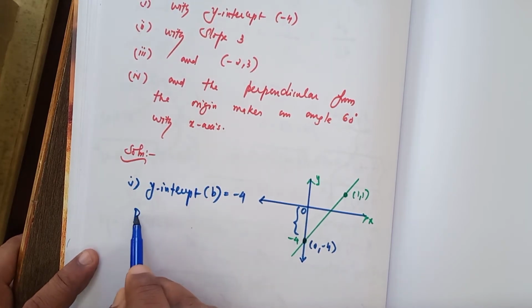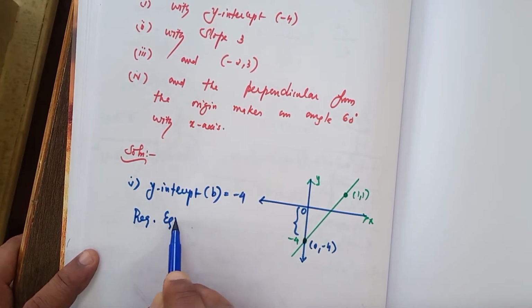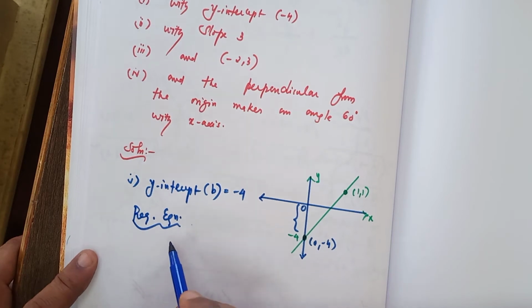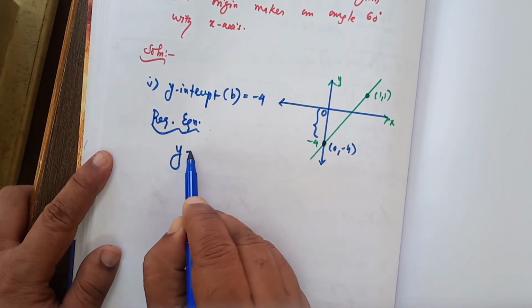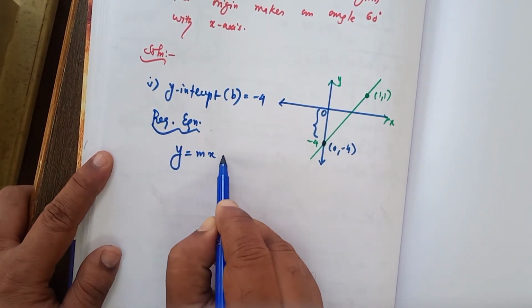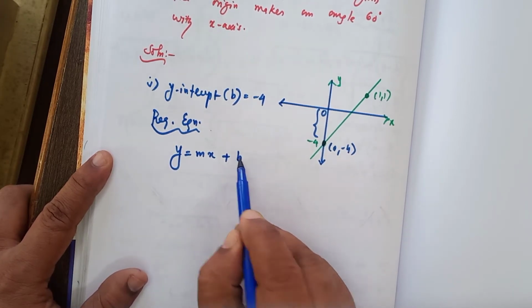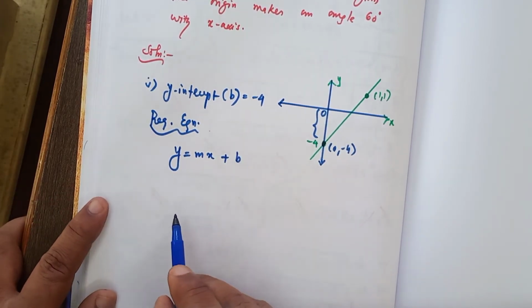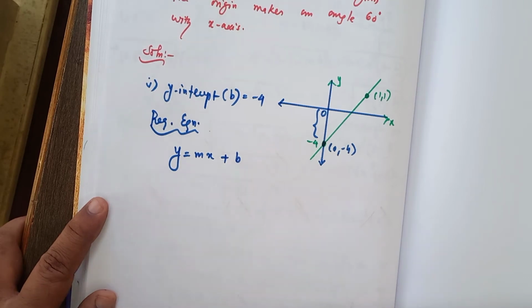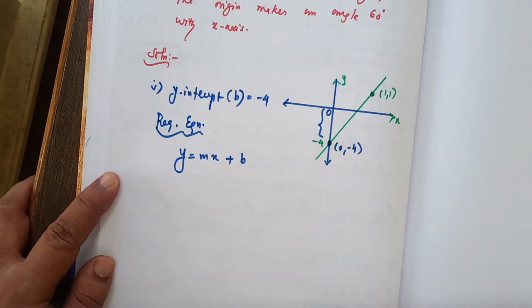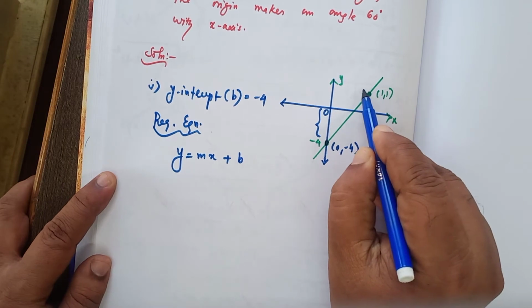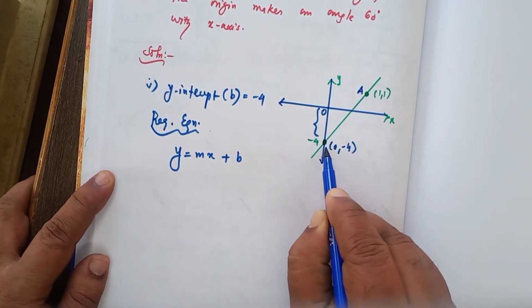So, a required equation is y equals mx plus b. Consider them as capital A and capital B, 2 points.